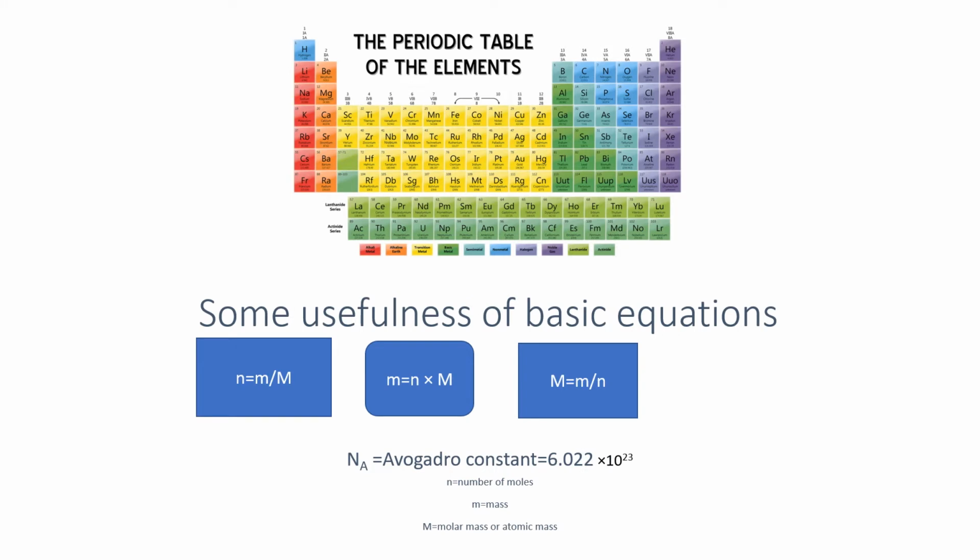There is one basic equation we have to use in this case, but out of that we can get two more equations. The first equation is simple n equals simple m over capital M. Out of that, there's a 1 always here, so you crisscross like this, and then simple m becomes simple n times capital M. This is the second equation.